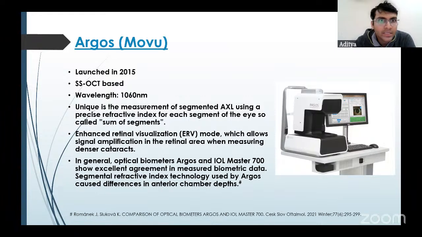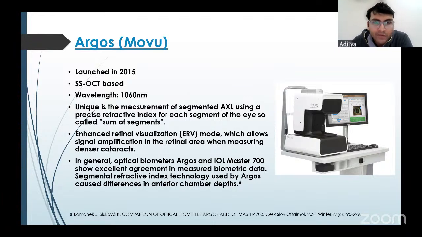Coming on to Argos, this is also an SSOCT based biometer launched in 2015. It utilizes a wavelength of 1060 nanometer. So how is it unique? Its uniqueness is the measurement of segmented axial length using a precise refractive index for each segment of the eye, so-called sum of segments, meaning that it measures the length of each segment depending upon its refractive index.